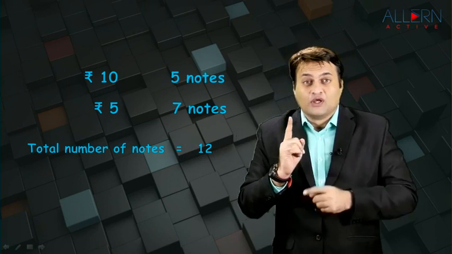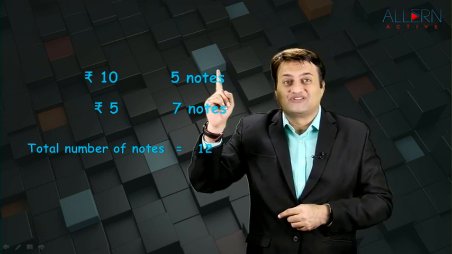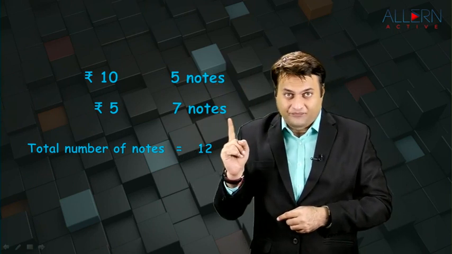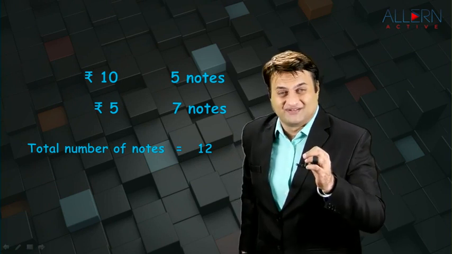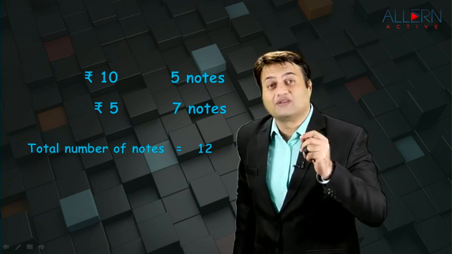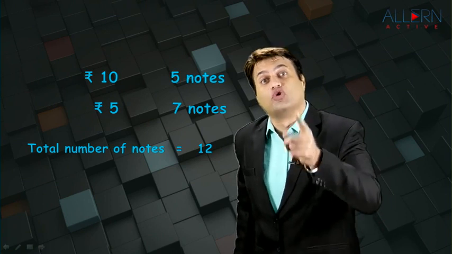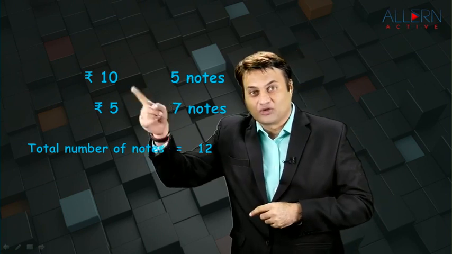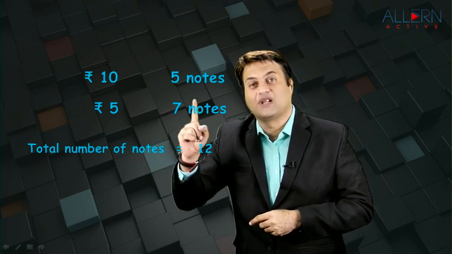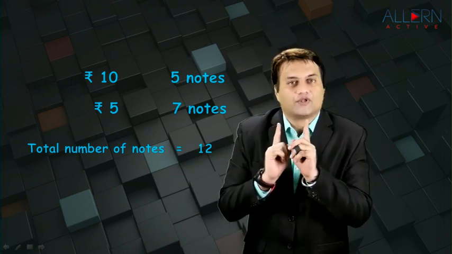So if the number of notes are x and y and the condition is about the total number of notes, the total number of notes will be x plus y. Clear?